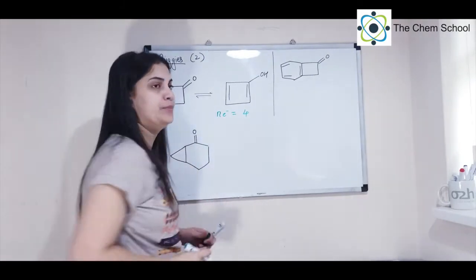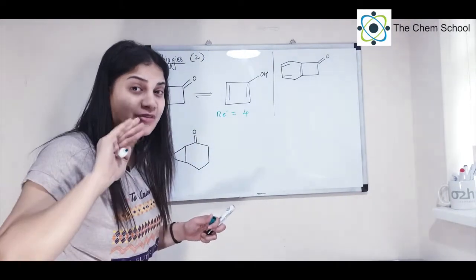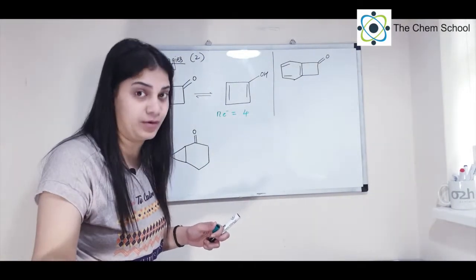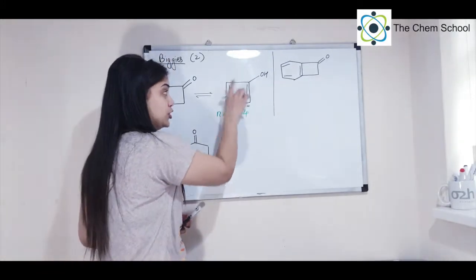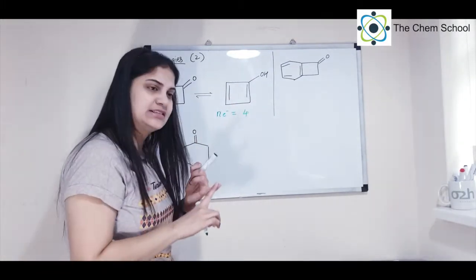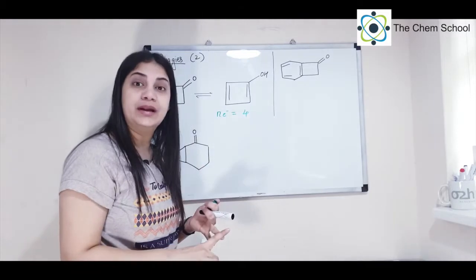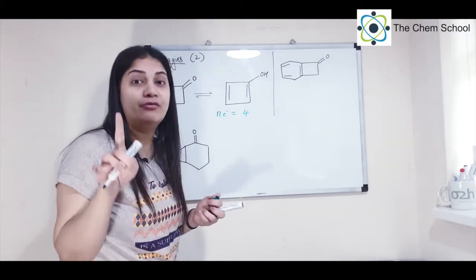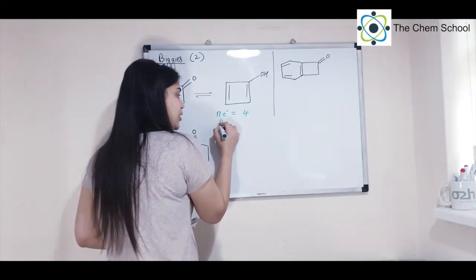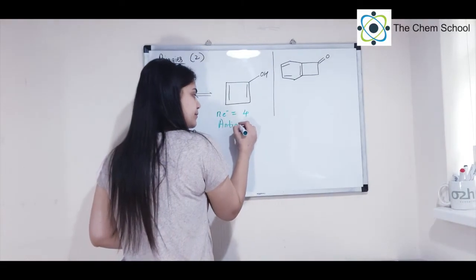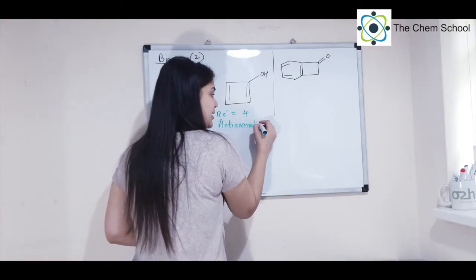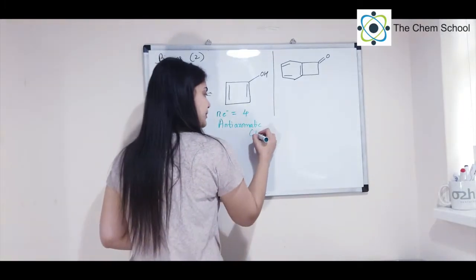So when you have 4 pi electrons, or when you have electrons in multiples of 4, and the system is conjugated, I repeat, if the system is cyclic, it is conjugated, but the electrons are in multiples of 4, we know that that compound is anti-aromatic. And anti-aromatic compounds are highly unstable.